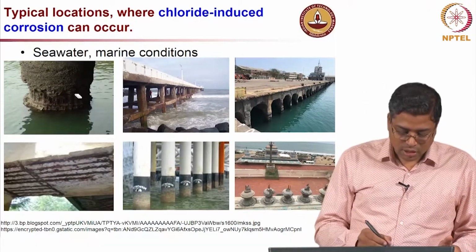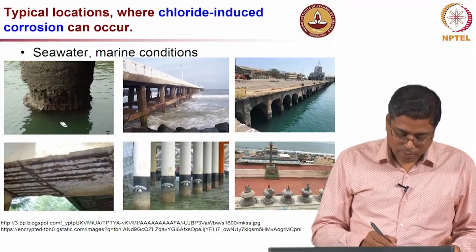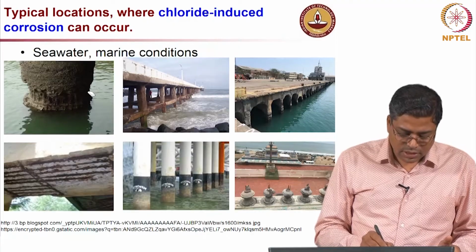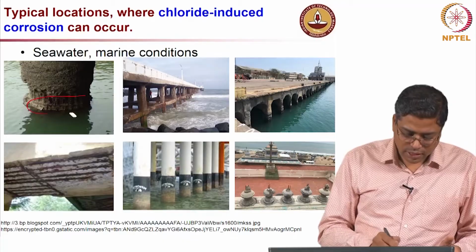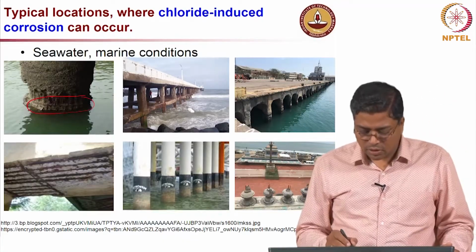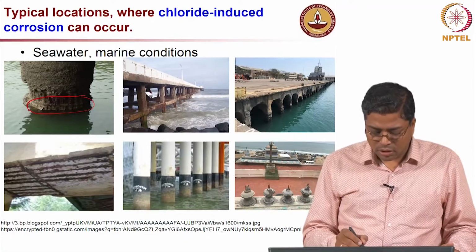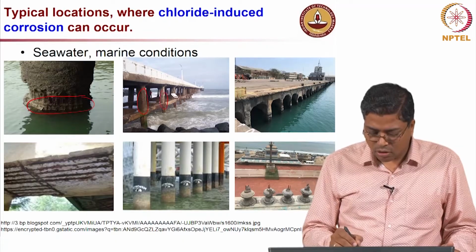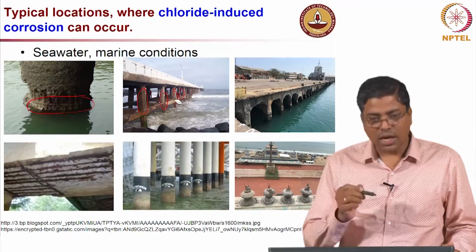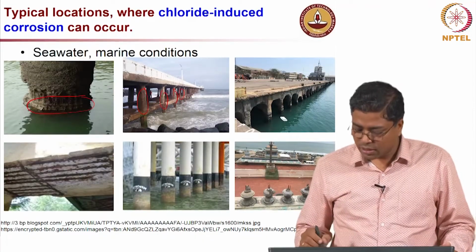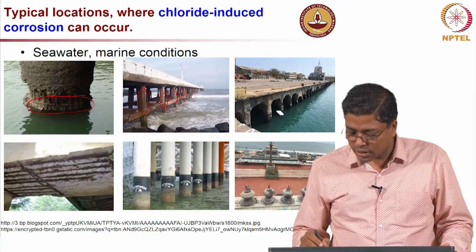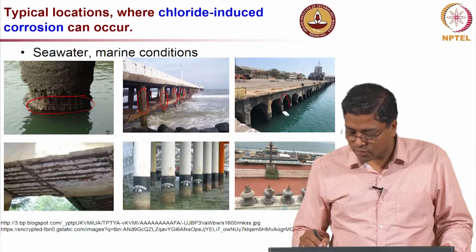Here, this is a concrete pier or a pile where you can see significant corrosion at the wet dry region. Here also, in the splash zone, you can see a lot of corrosion on all these elements, because you have a very rich chloride environment. And here again it is a port structure, and you can see a lot of corrosion here.